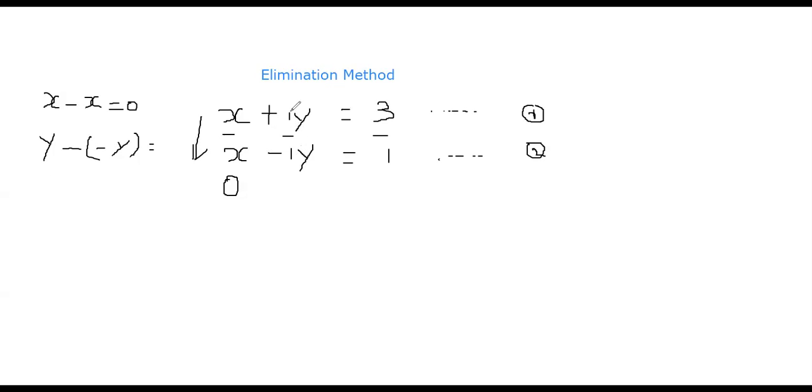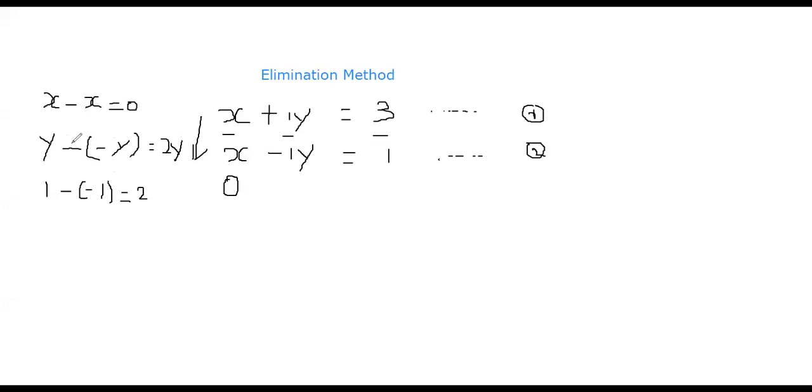Now all you have to do is put 1 minus -1 in your calculator. That will give us 2. So therefore, y minus -y will give us positive 2y.